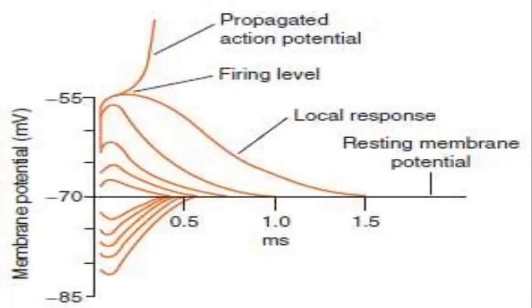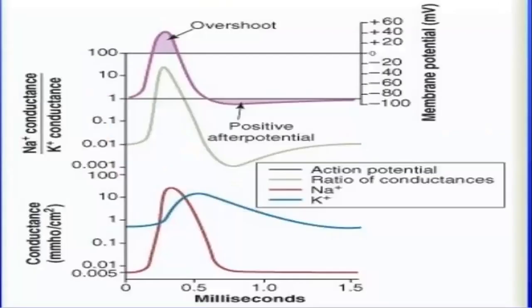So this is the picture of an action potential. First the firing level is reached, then there is generation of an action potential, and finally there is repolarization of the membrane.